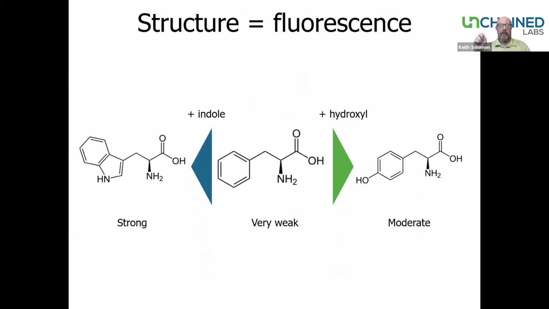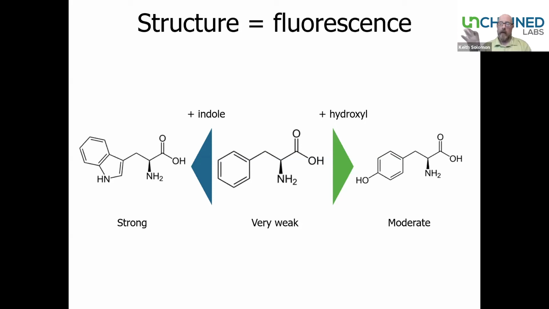Before we talk about how UNCLE resolves fluorescent signatures, let's talk about the structure of the aromatic amino acids. So tryptophan has an indole, so it has not only the benzene ring, but another double bond, and it has strong fluorescence, a very large quantum yield.